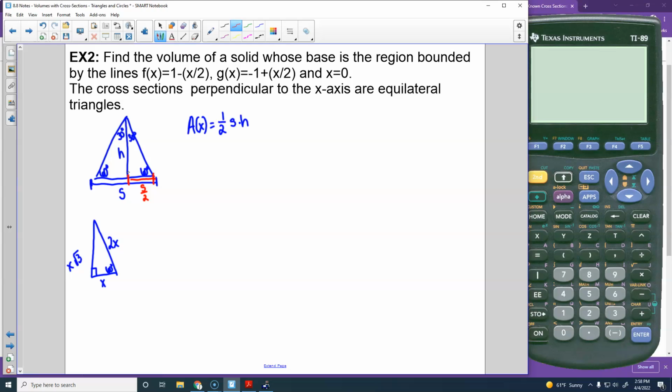Root 3. Short leg times root 3 gives you the height here. So that height is going to be S over 2 times the square root of 3. Or I could write that as square root of 3 over 2 S.